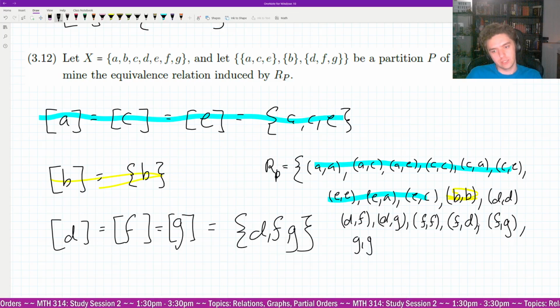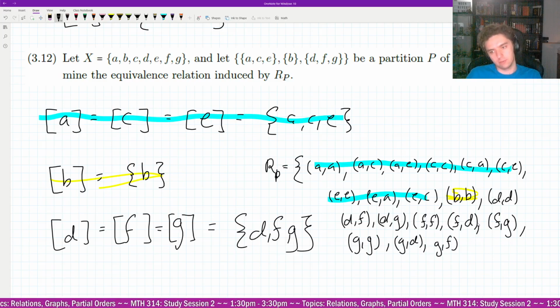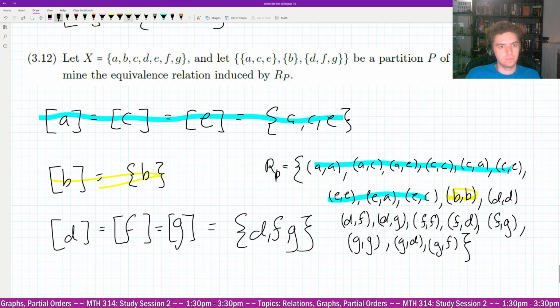No. We get G is related to G, we get G is related to D, and we get G is related to F. And that's it.